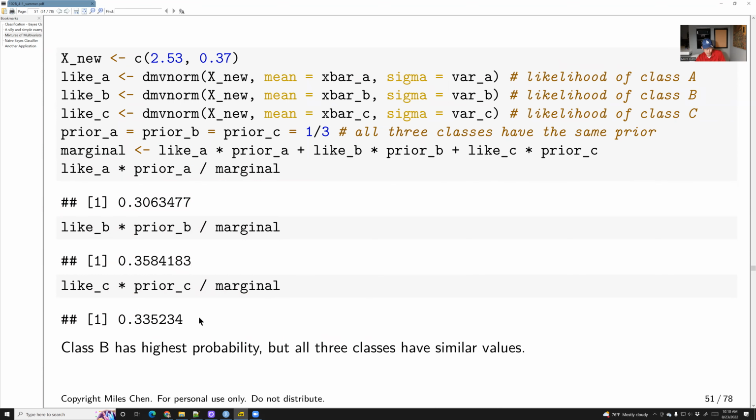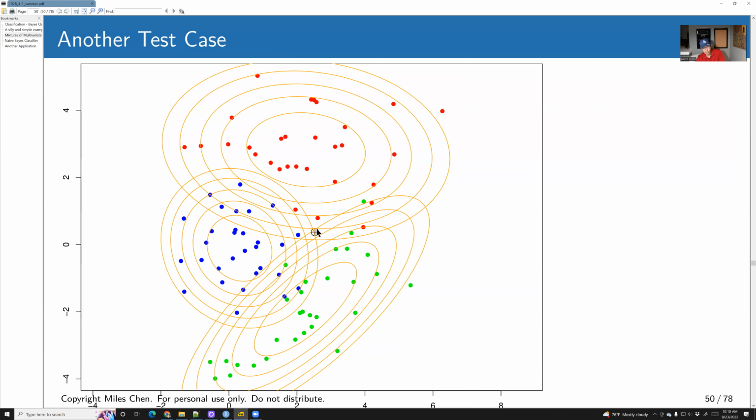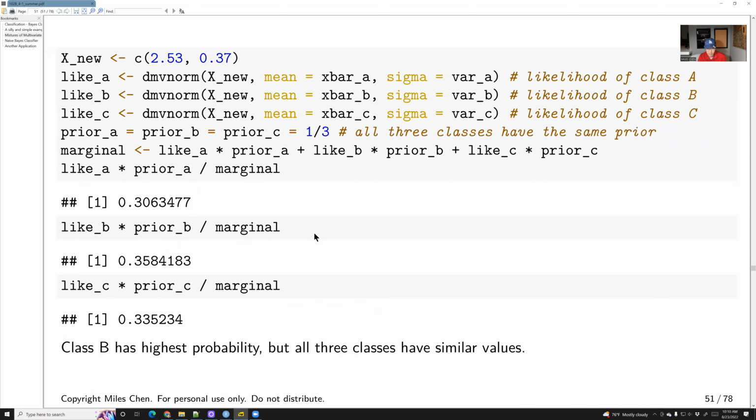It really is a toss-up. If your observation is right here, it's really a toss-up as far as which class it belongs to. Okay, does that make sense as far as the Bayes classifier goes? And this time we're using the multivariate normal distribution.